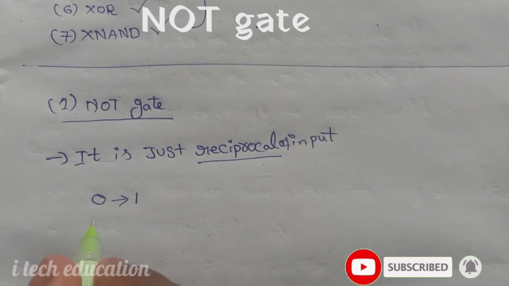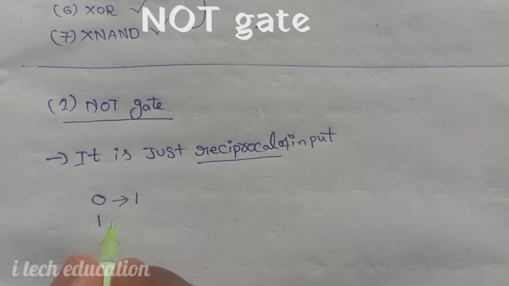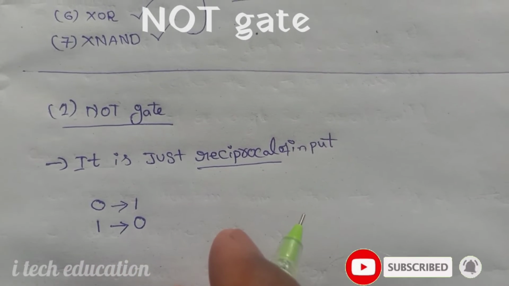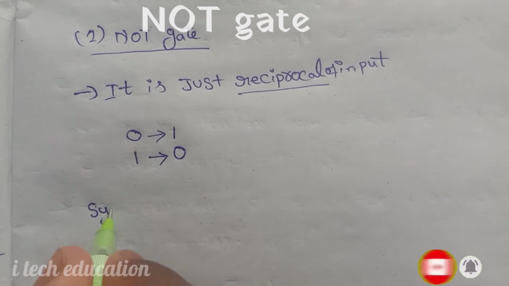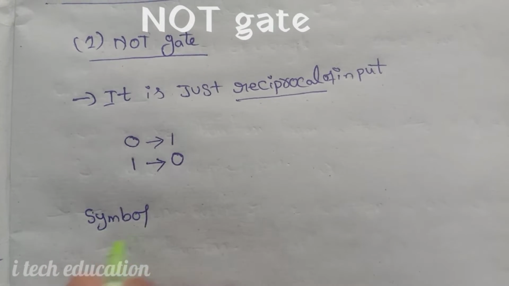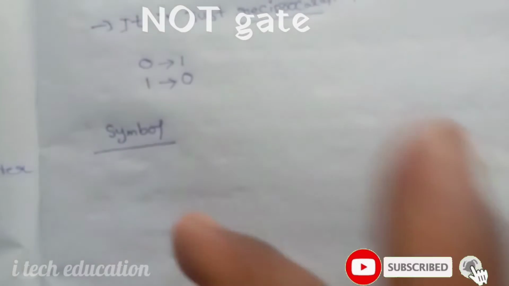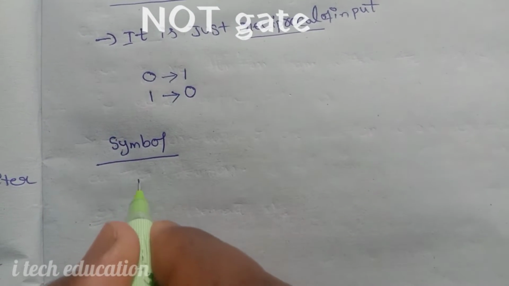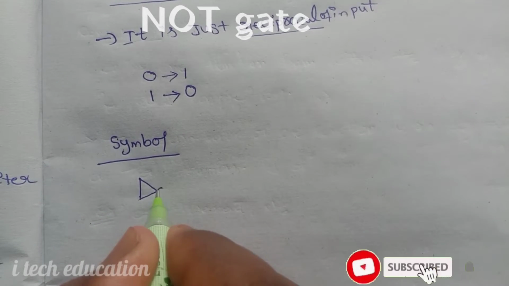Else if our input is 1, then output is 0. This is the reciprocal. See NOT gate symbol. This is the NOT gate symbol.